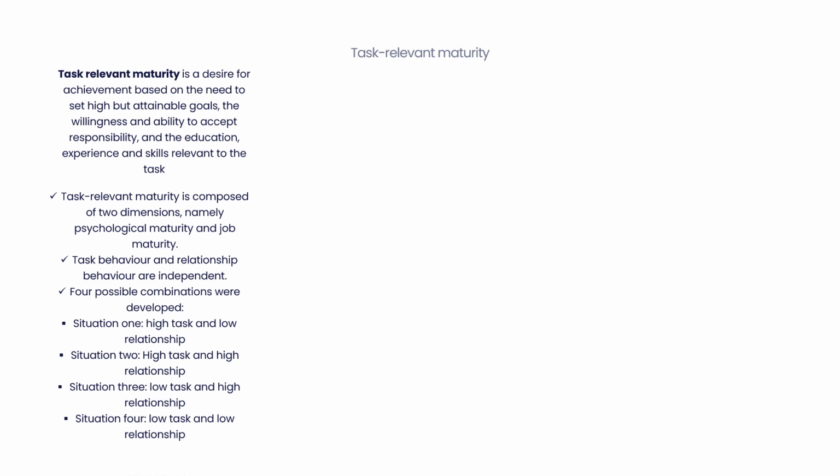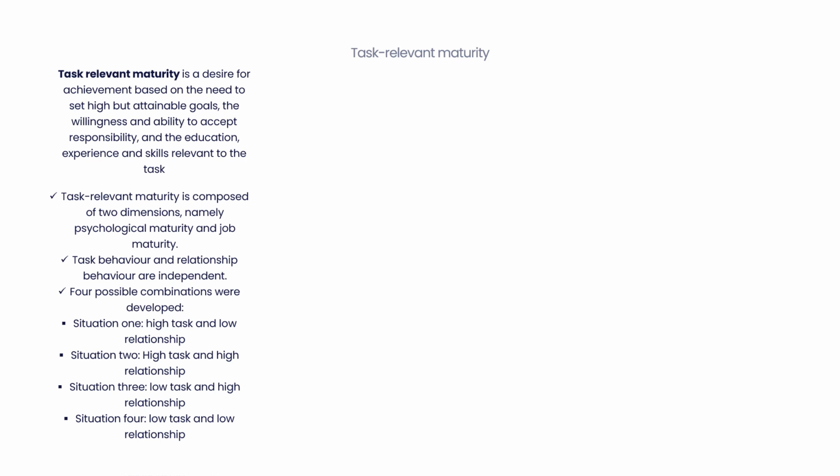Task relevant maturity is composed of two dimensions, namely psychological maturity and job maturity. Now we see that in psychological maturity, we are dealing with the mindset, and in job maturity, we are dealing with the skill. Now, task behavior and relationship behavior are independent.